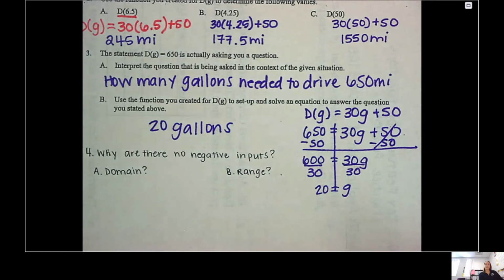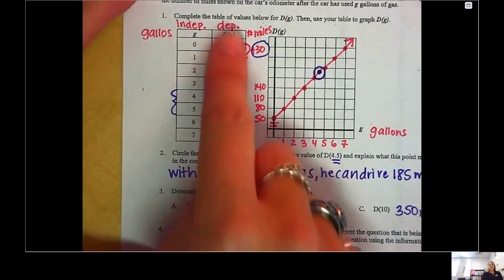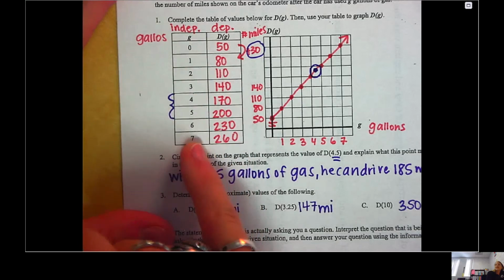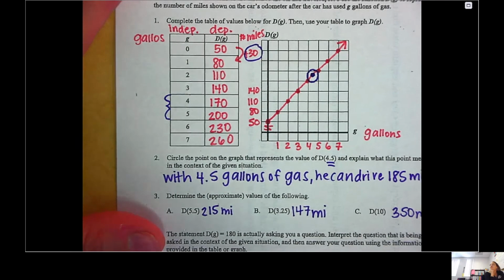Why are there no negative inputs? So when I come over here to my independent and dependent variables, how come I don't have any negatives over here? Why am I starting at 0? You can't go negative miles. Well, is it talking about miles? Yeah, you can't go negative gallons, right?